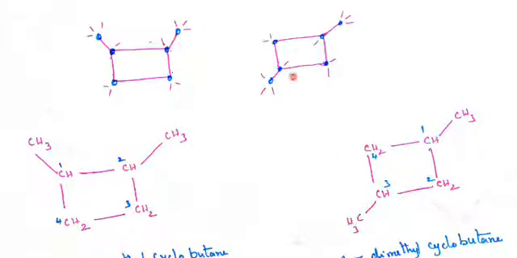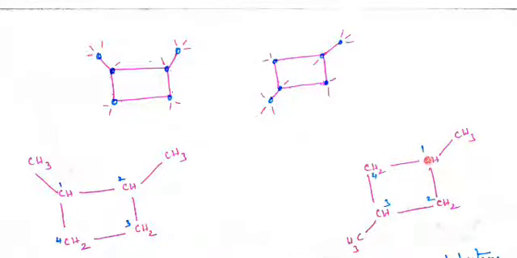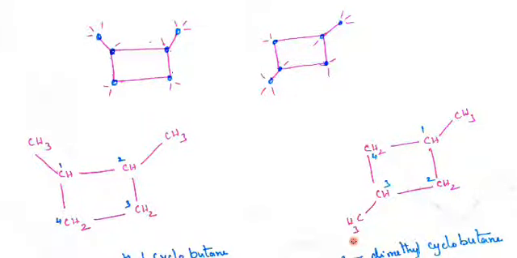And for this structure, I have written CH2, and this carbon CH, CH3, then single bond CH2, single bond CH2, then CH, CH3. This CH3 and this CH3 are diagonally in opposite directions, so it is trans.